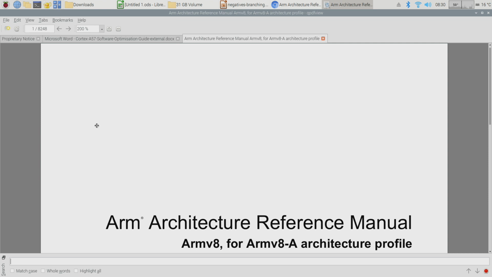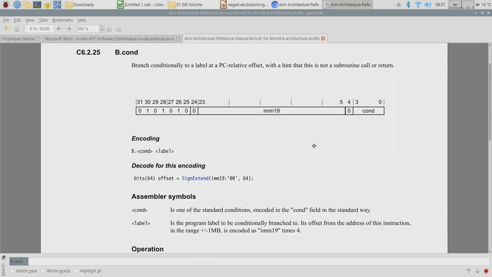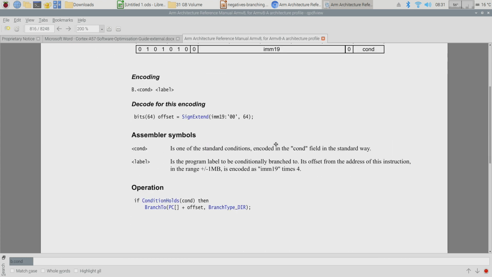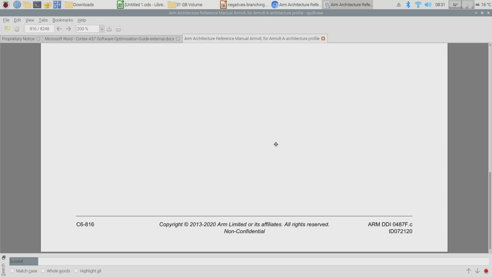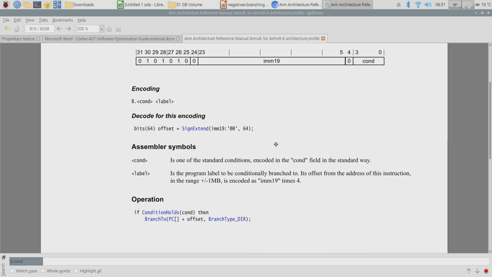All right, let's see if we can find branch with conditional in here anywhere. Okay, so branch on condition, page C6816. Okay, that was not what I was looking for.